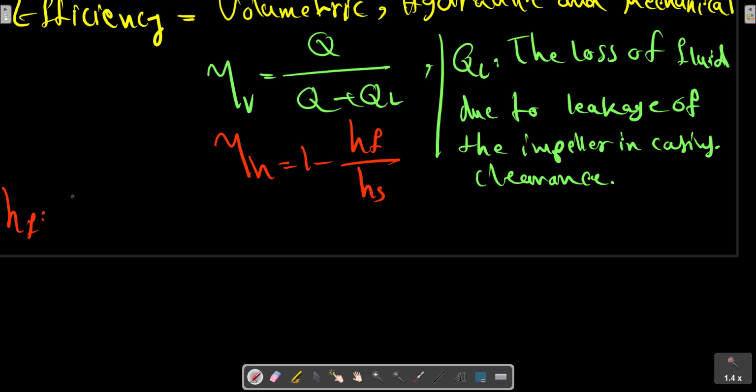Shock loss at the inlet due to imperfect match between inlet flow and the blade.